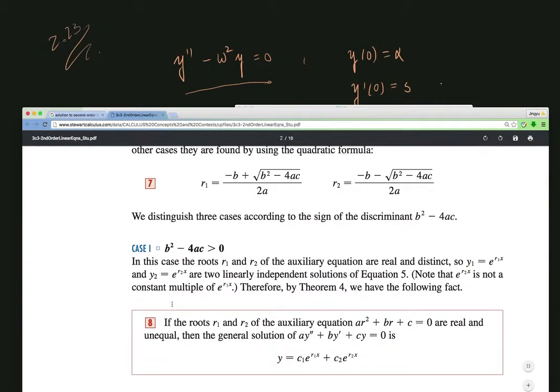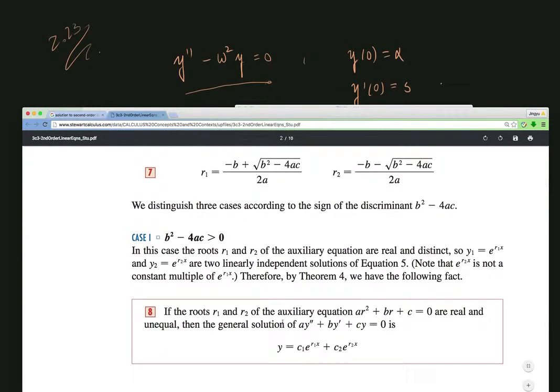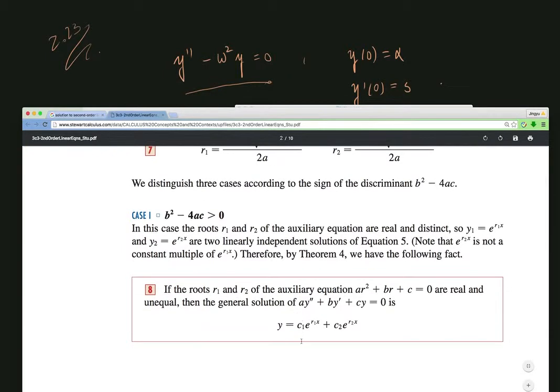Here, okay. So if the roots R1 and R2 of the auxiliary equation A times R squared plus B times R plus C equals 0 are real and unequal, then the general solution is given by this thing here. Wow, that was really nice. So the only thing I need to do is to find the auxiliary equation.